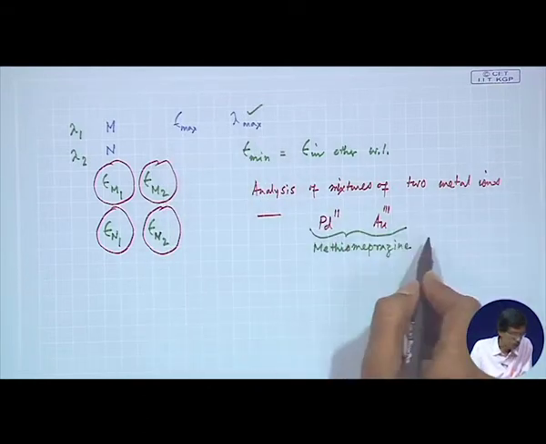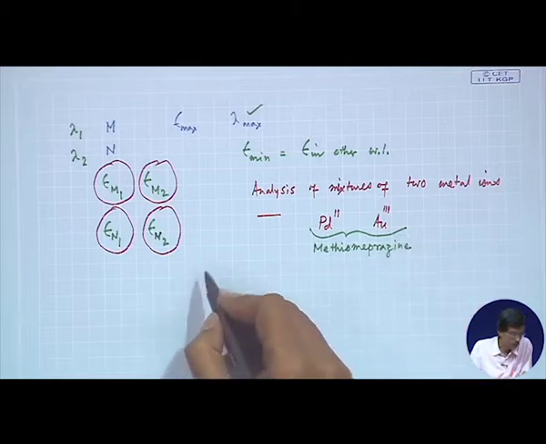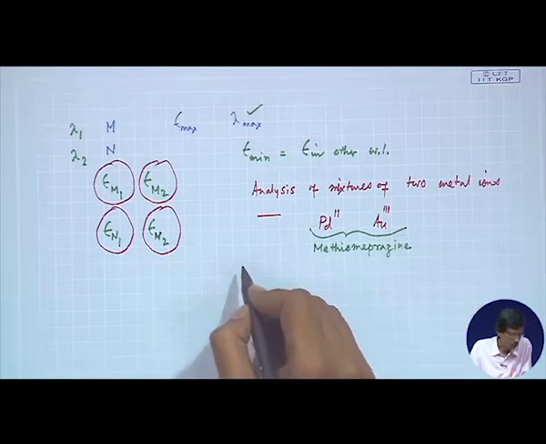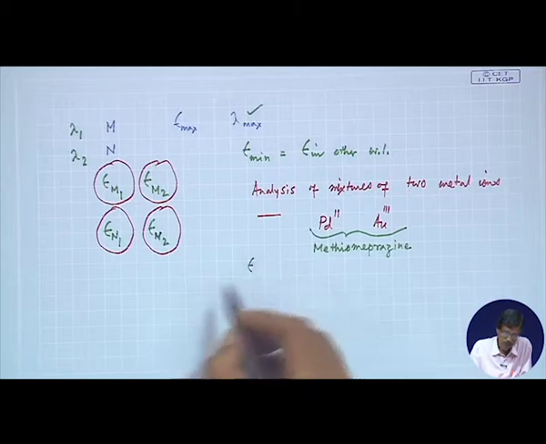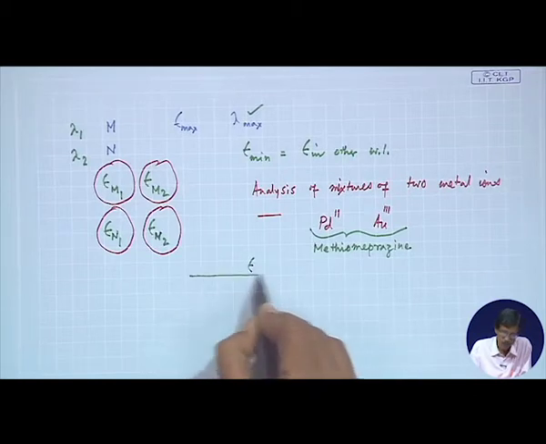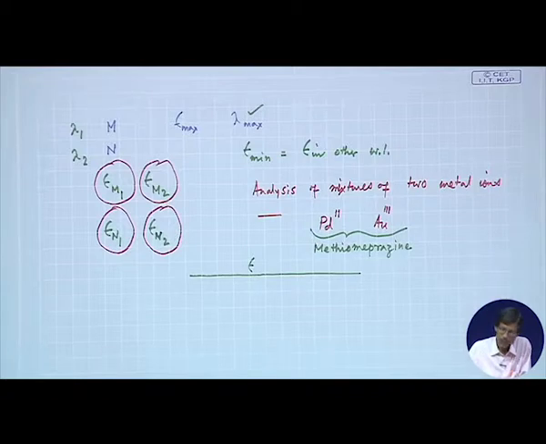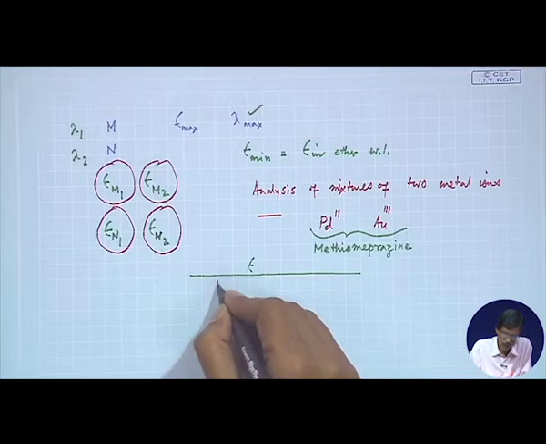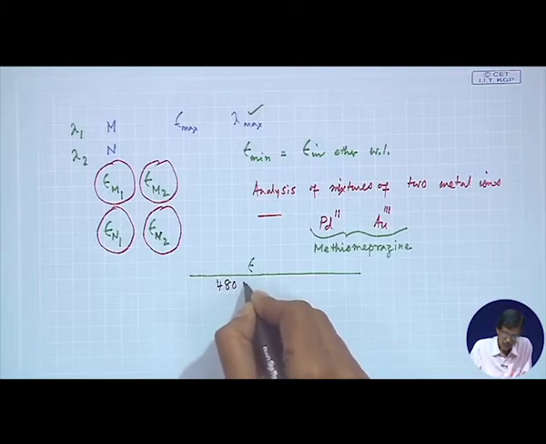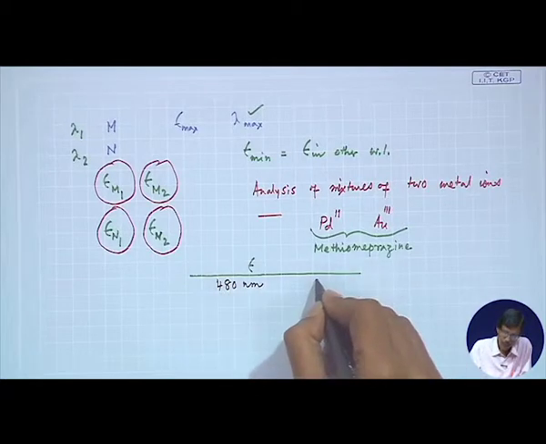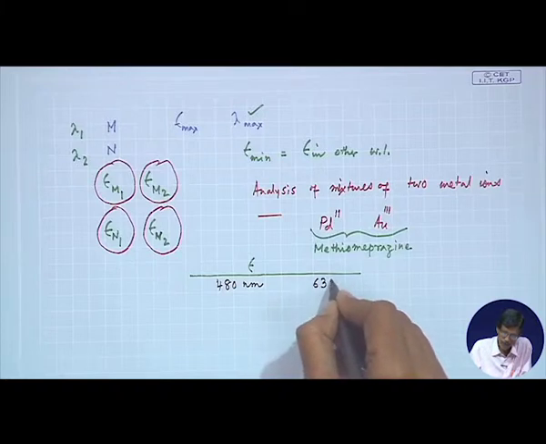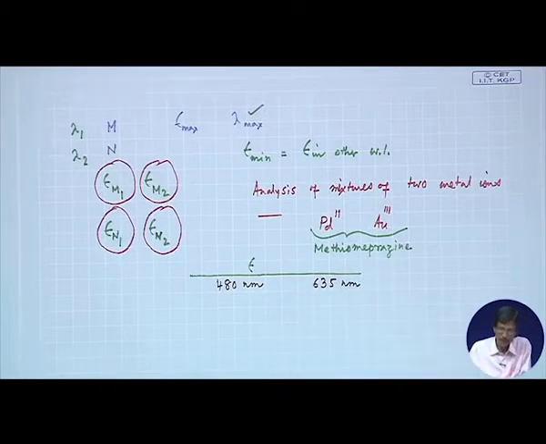So, for palladium 2 and gold 3, they have two maxima like that of the indicators we have seen just now: one will be at 480 nanometer and the other will be at 635 nanometer.